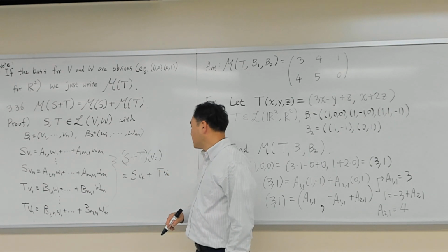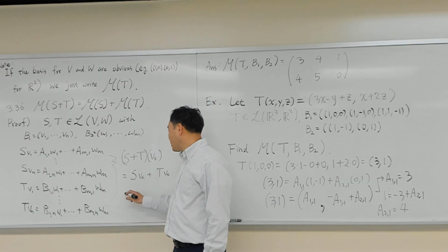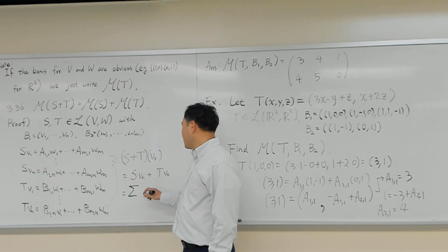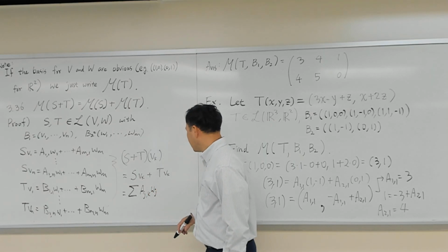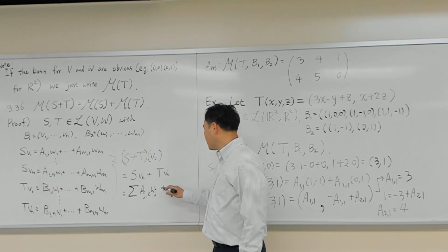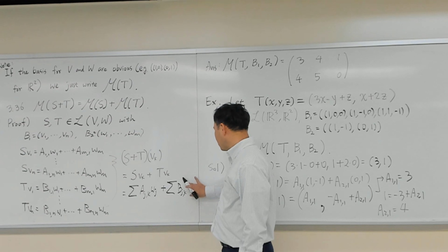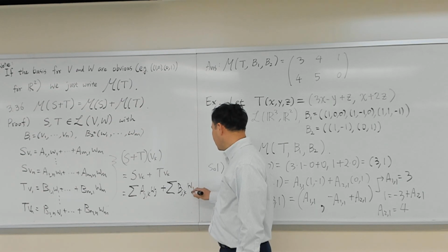But what is S vk? Well, that's the same as the summation of Ajk wj, plus the summation of Bjk wj.